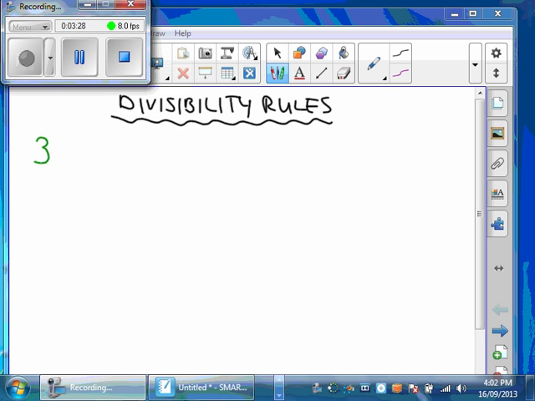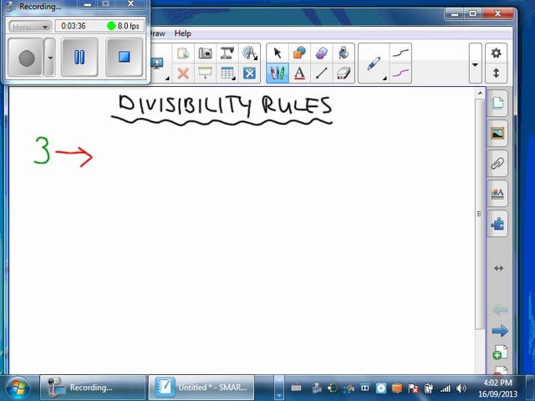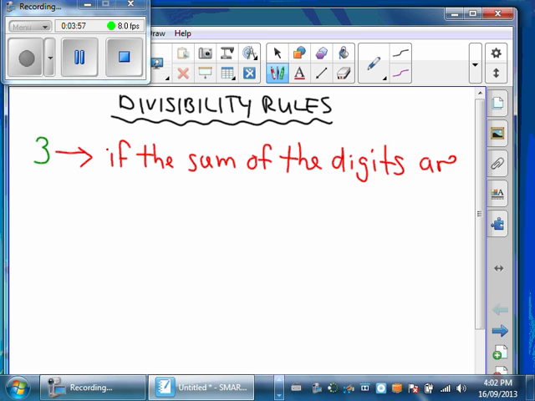Three has a very unique rule to itself. This is almost kind of a trick. You'll know that a number divides evenly by 3 if the sum of the digits are divisible by 3.